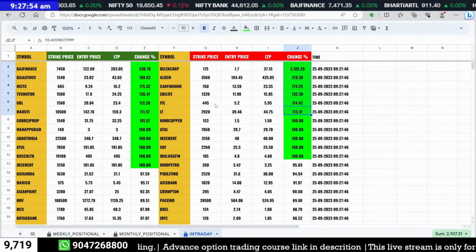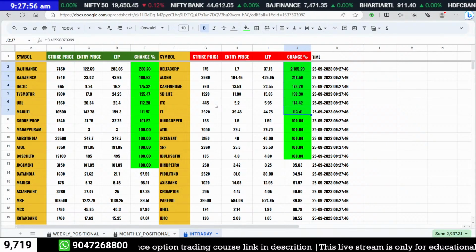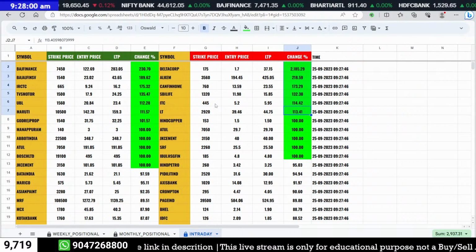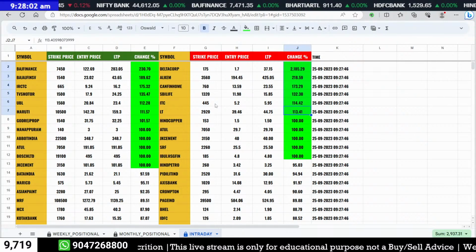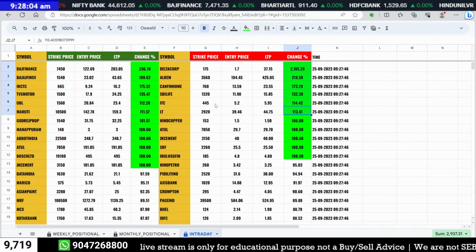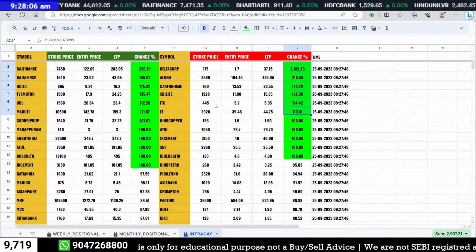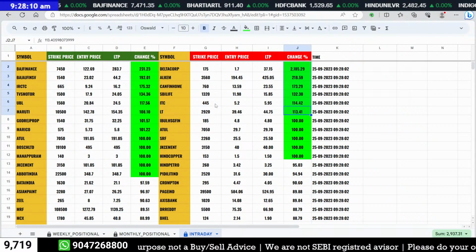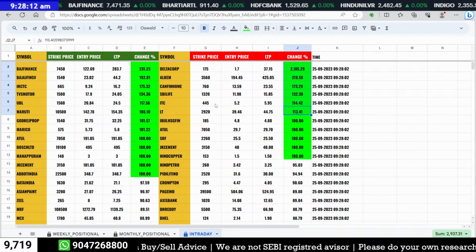Delta Cup already moved, so better we wait and try to find Manappuram at 143 rupees. I think recently the stock Manappuram doesn't have good liquidity in options. Bata India is near.